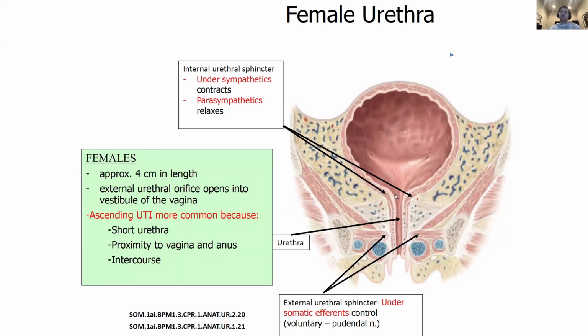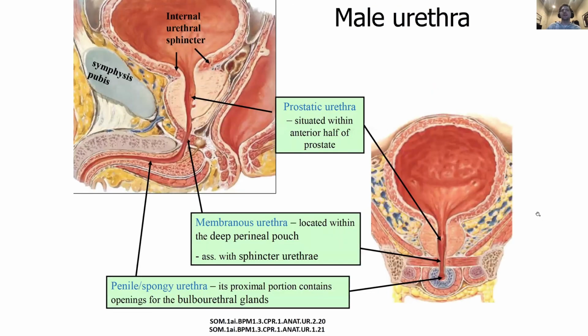The reason women get UTIs more than men is because the urethra is smaller, so there's just a decreased distance that has to be traveled to start an infection. What's important to know about the guy is that if you have to do a catheter, there is a major constriction point here.